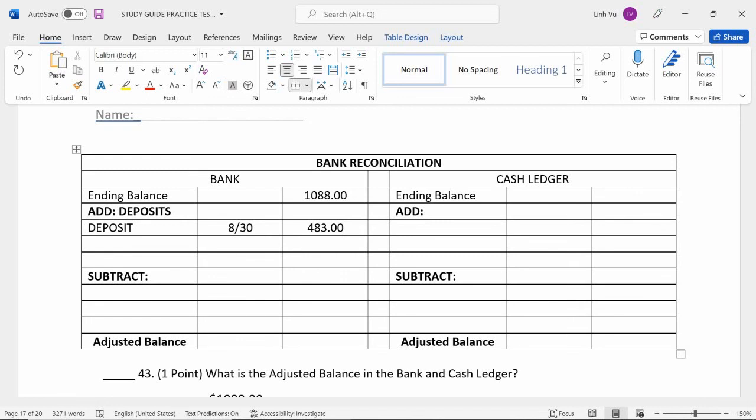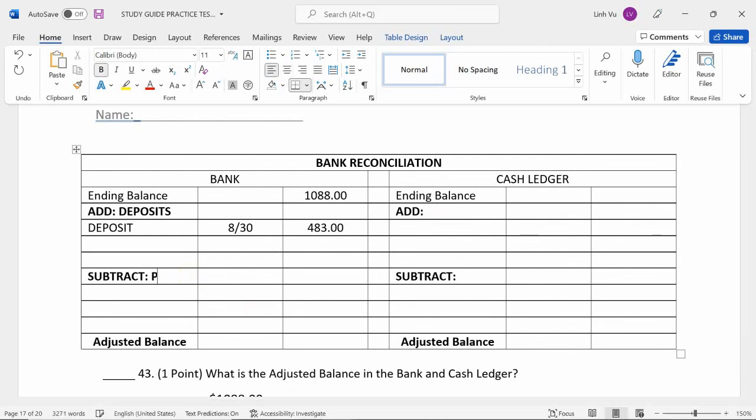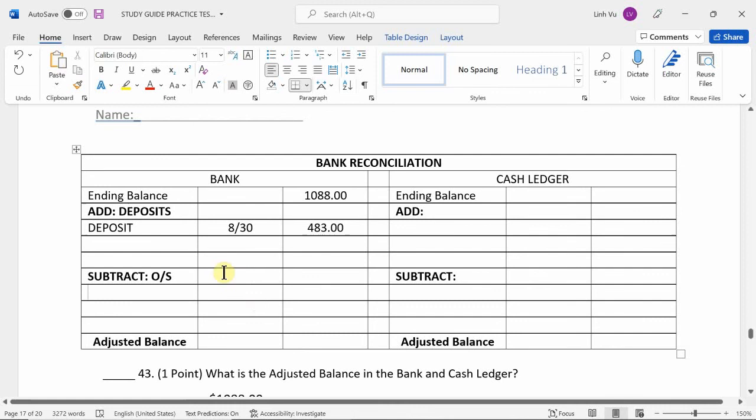Correct. We call those outstanding checks. So therefore, for the bank side, you do your deposits and then you have your outstanding checks. So in this case, I'm going to put O/S for outstanding. Okay? So outstanding checks is what you need to subtract from your bank.